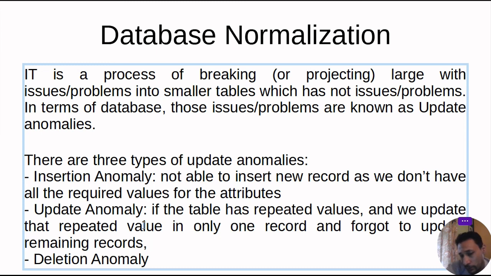If it is not properly normalized, then the repetition of the record is very possible. Because of certain dependencies, there can be issues. So in that repeated values, we have to update, and we updated those repeated value in only one record and forgot to update in other records. That will create anomalies, that will create inconsistency within the database.